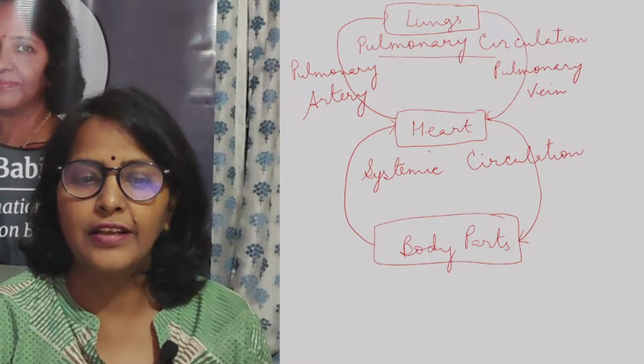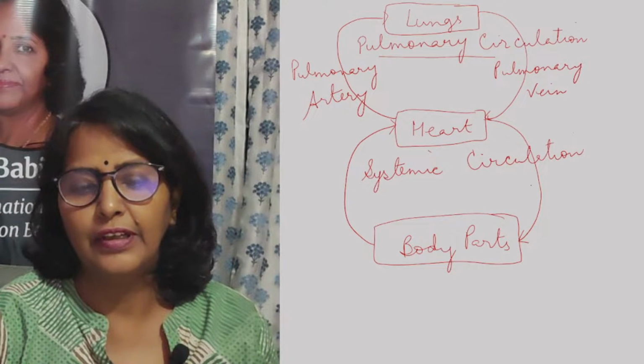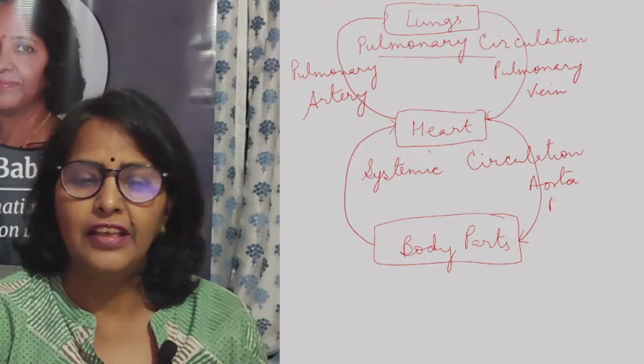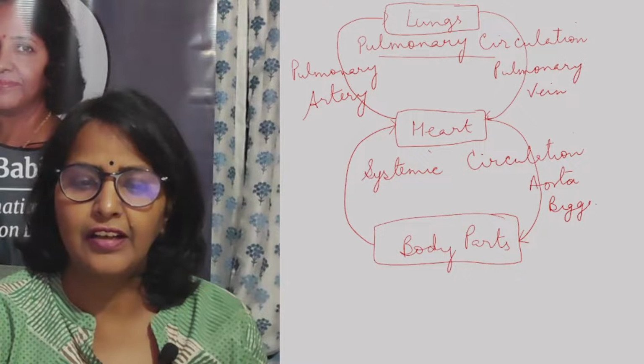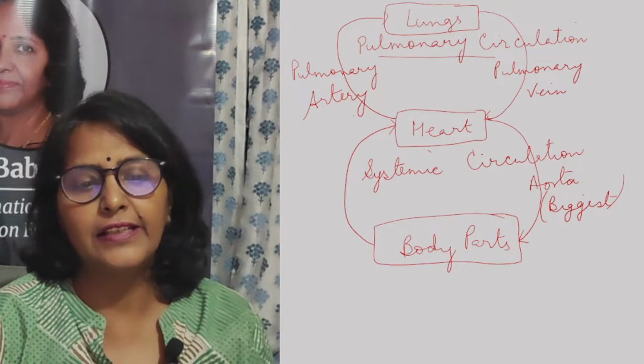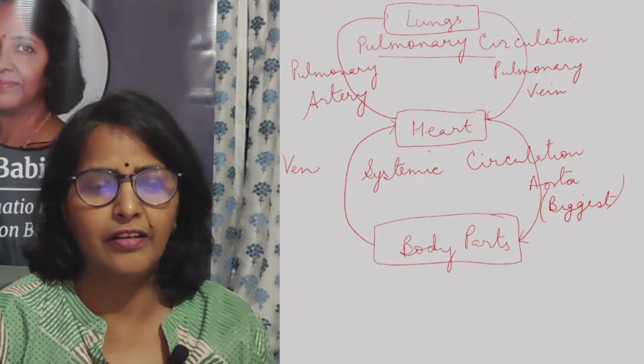From the heart, blood was going into the body parts through an artery called the dorsal aorta. This is the biggest artery in our body. From the body parts, blood goes into the heart with the help of the vena cava.